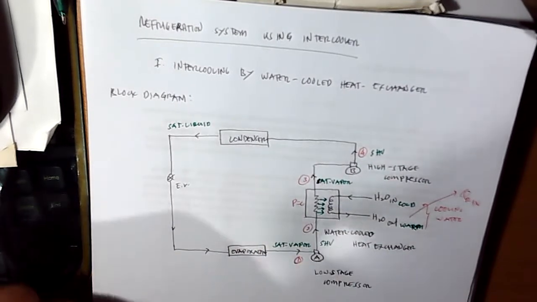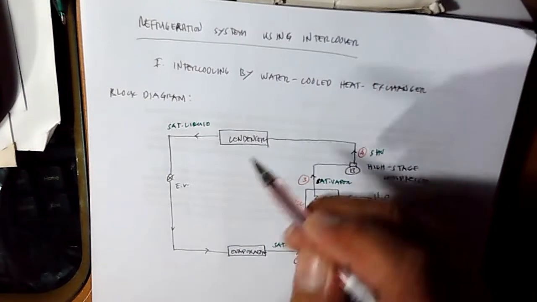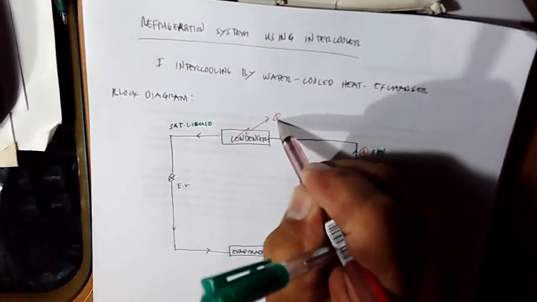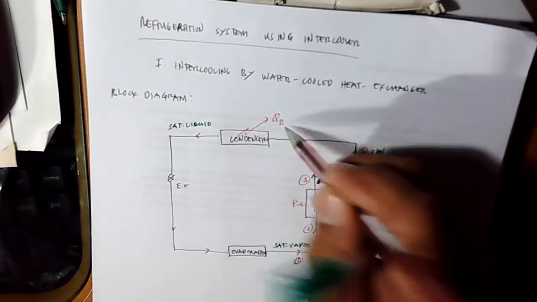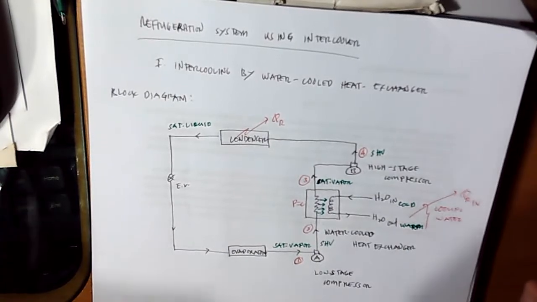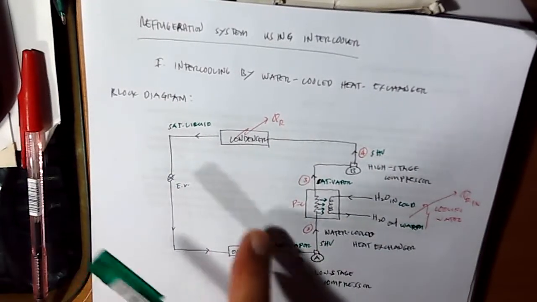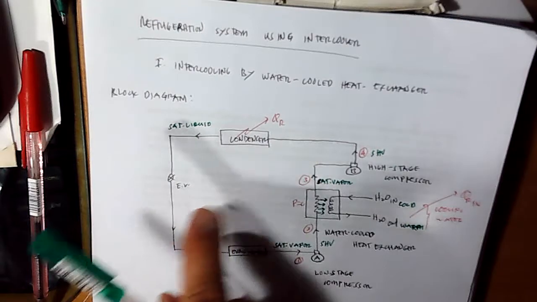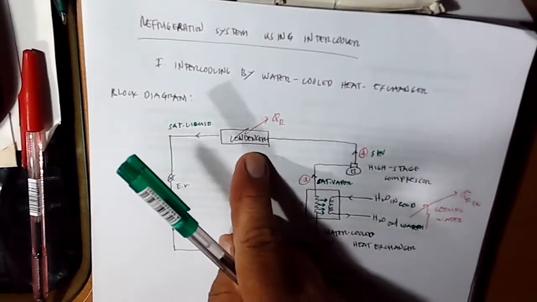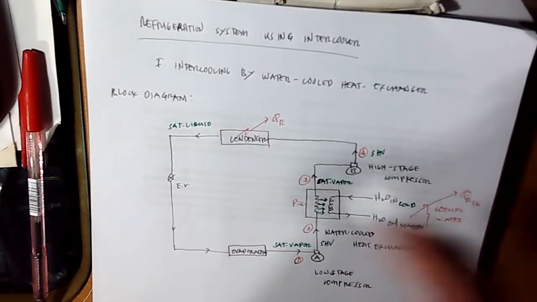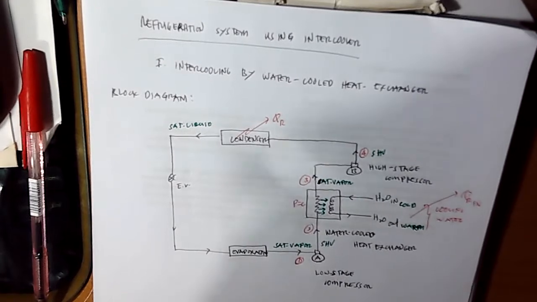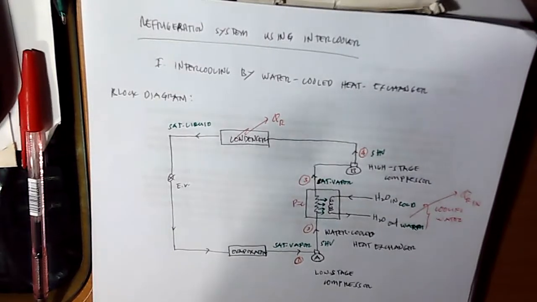Since there is again a rejected heat coming from the refrigerant inside the system, and you reject this into the atmosphere using another medium. You can use air or water.